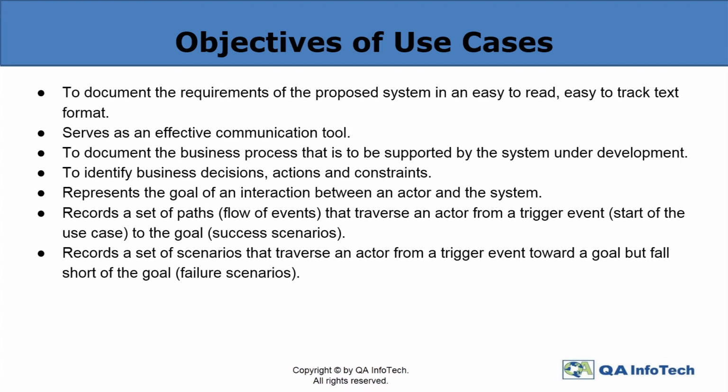Essentially, represent the main aim of the interaction taking place between an actor and the system. Record the flow of events from the beginning of the use case itself to the end goal, which are either the successful scenarios or scenarios that fall short of the desired goal.